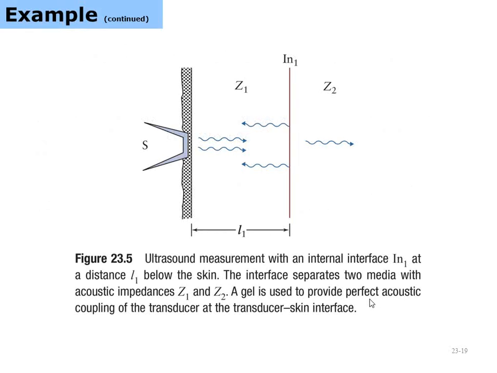At the interface, we use a fat-like fluid whose acoustic impedance is very close to the acoustic impedance of fat. And of course, Z1 is the acoustic impedance of the first layer, and Z2 is the acoustic impedance of the second layer.